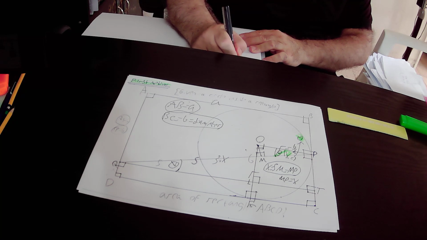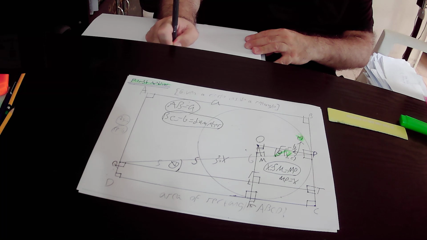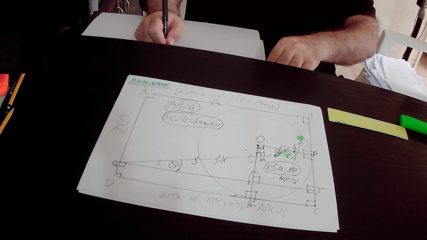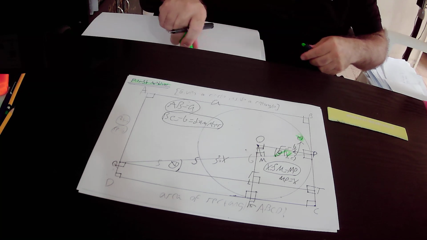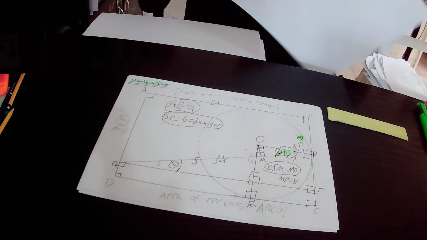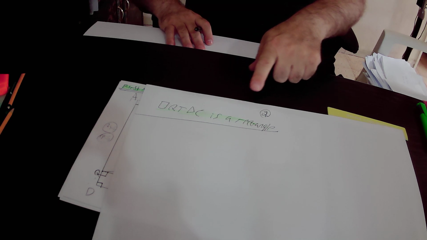Quadrilateral QTDC is a rectangle because it has 4 right angles.